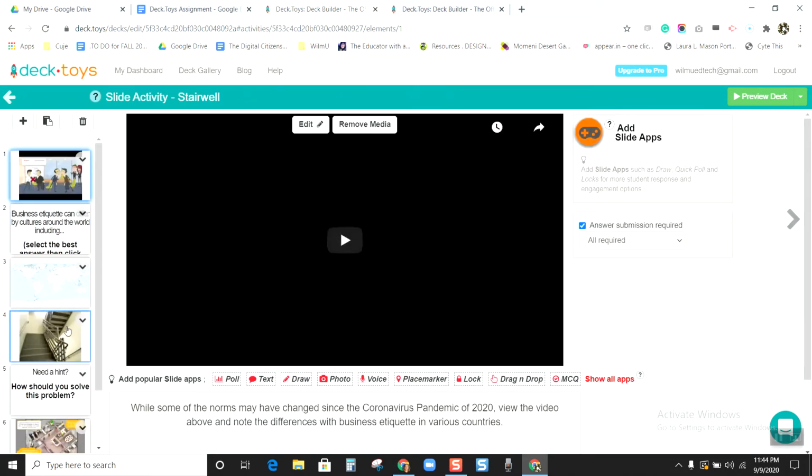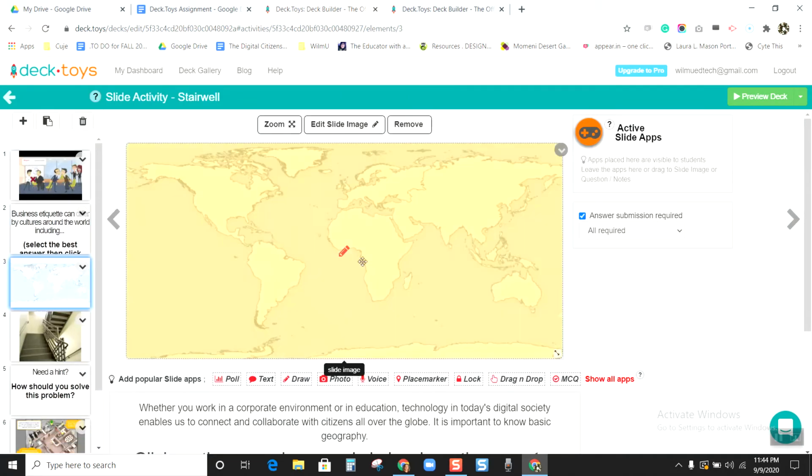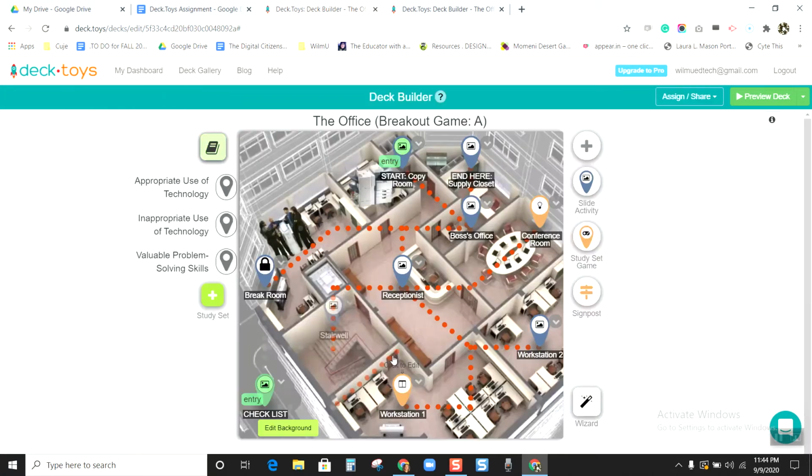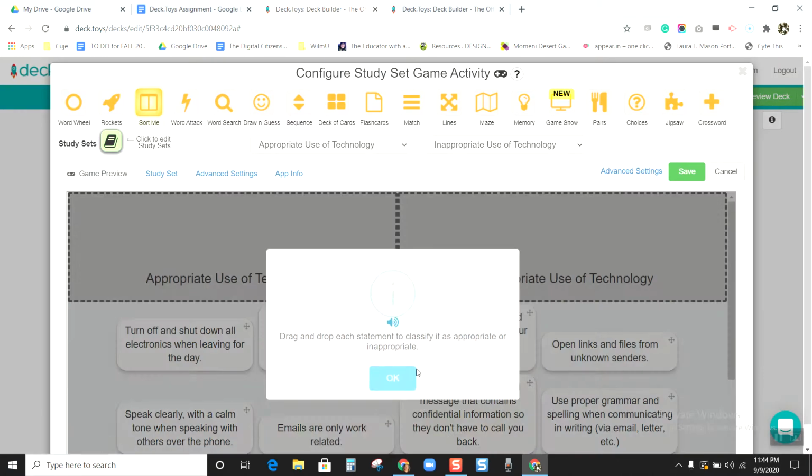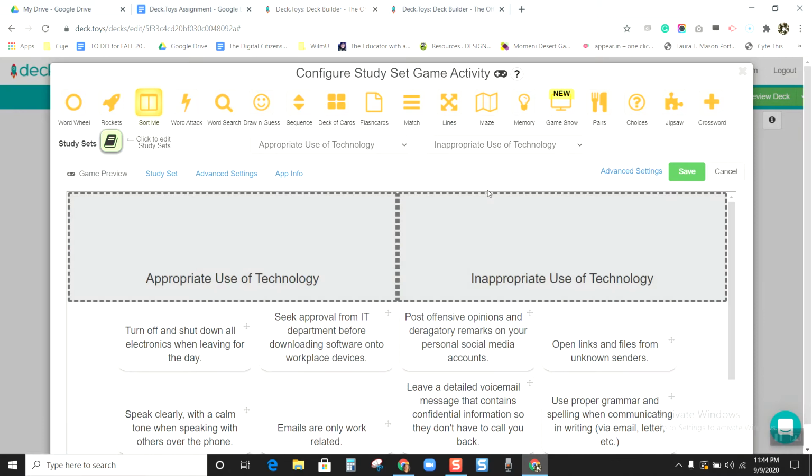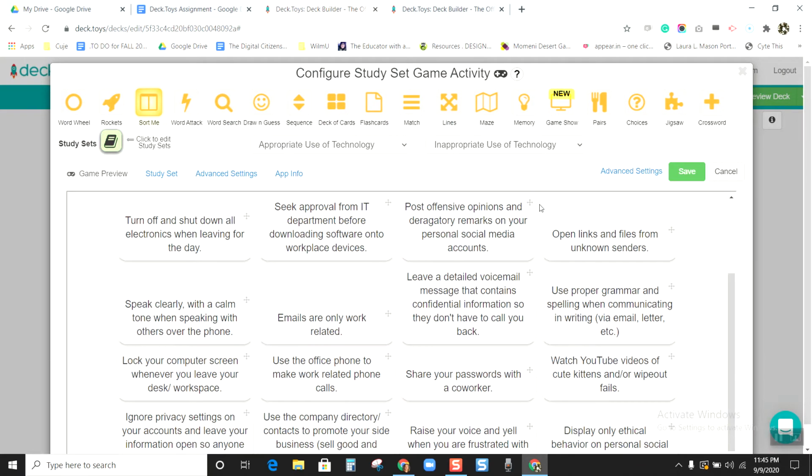We also had, here's an example where you had to do some drawing. We did have the locks, which were the number locks. This was a study set activity where you had to do some sorting.